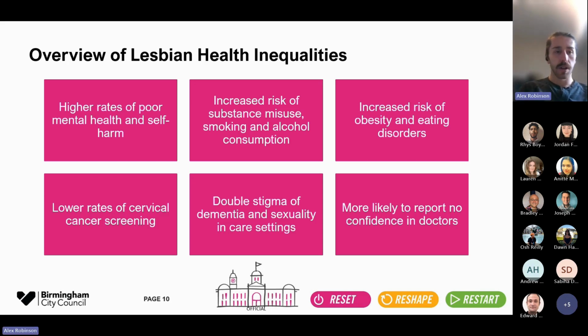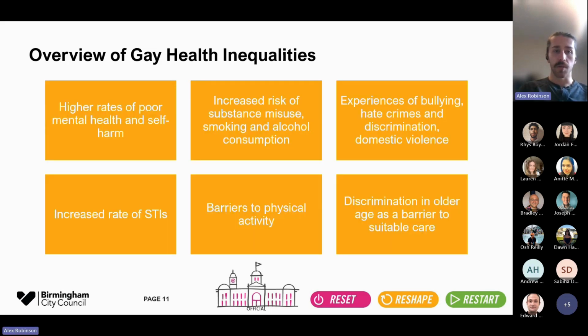Okay, so moving on. Now we'll look at some of the health inequalities experienced by the gay community. A lot of them are quite similar across the different communities within the LGBTQ plus community as well. In a 2016 study, 21% of gay men and men who have sex with men reported being depressed, 17% were anxious, 7% had self-harmed, and 3% had attempted suicide within the last 12 months.